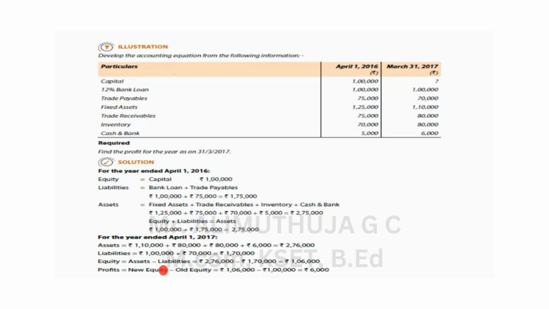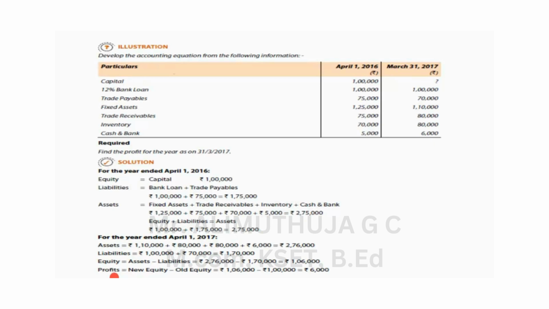Now apply the dual aspect concept or accounting equation concept to find capital. Equity equals assets minus liabilities. As we know, assets are 2,76,000 and liabilities are 1,70,000. So our equity or capital is 1,06,000. Now how to find profit?